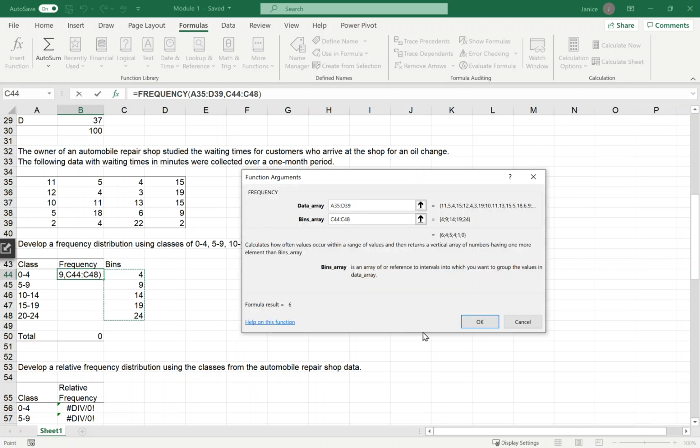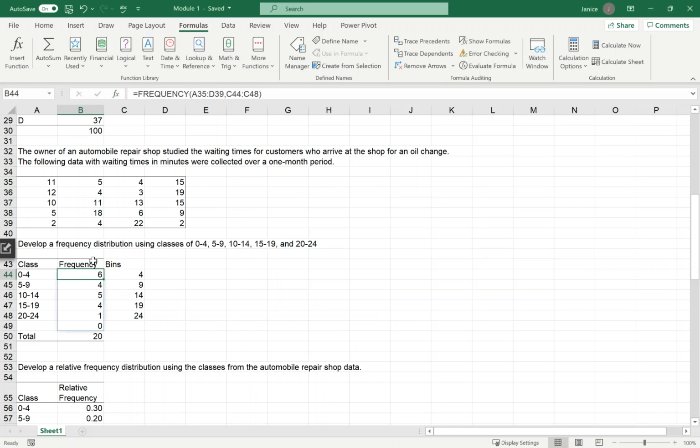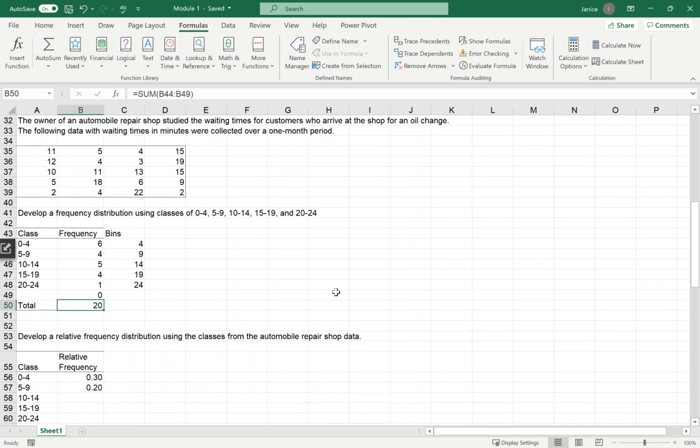So we say okay, and it automatically filled them all in for us and totaled us at 20. And so we know that there are 20 total in this data set. So 1, 2, 3, 4, 5 times 4 is 20, so we know that is correct.